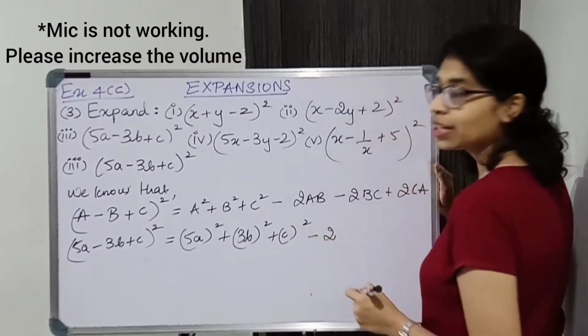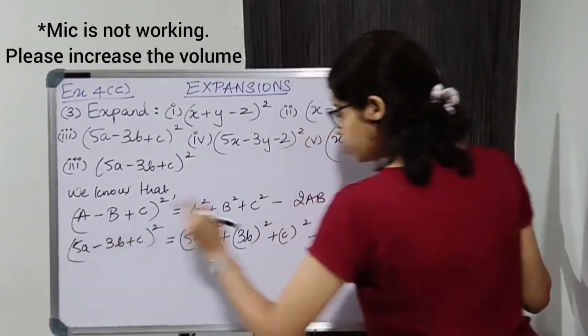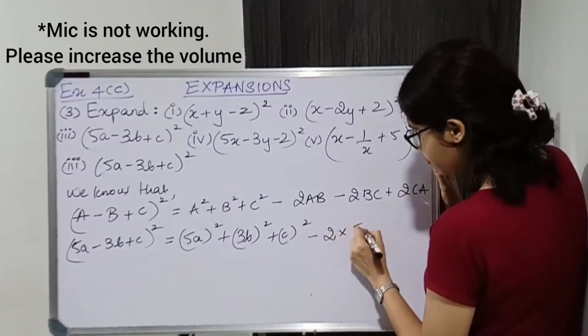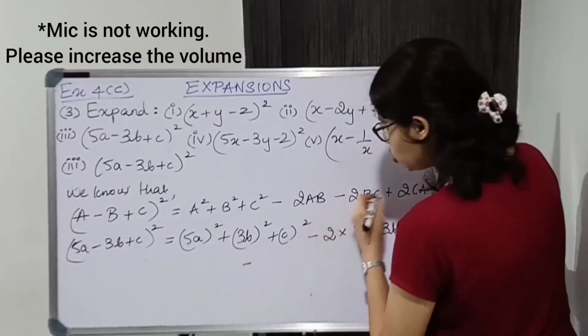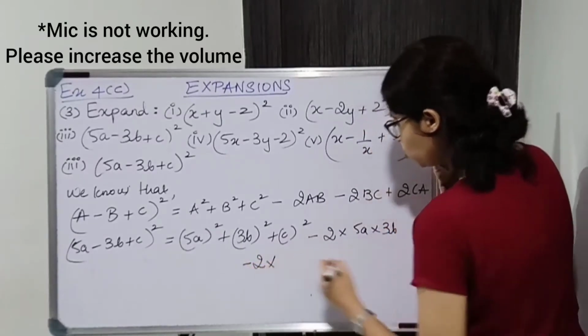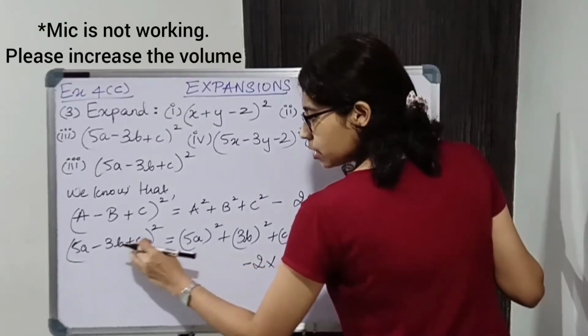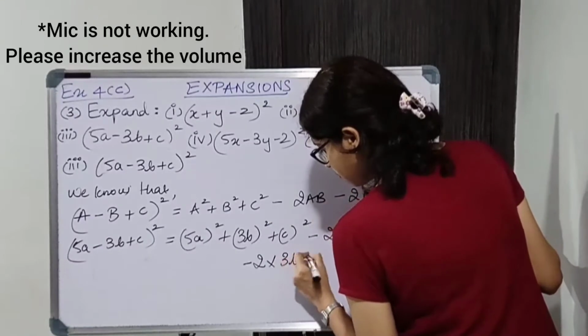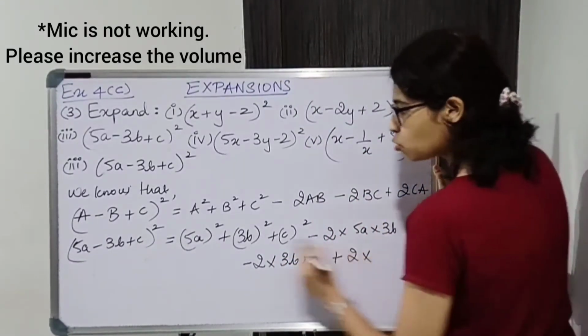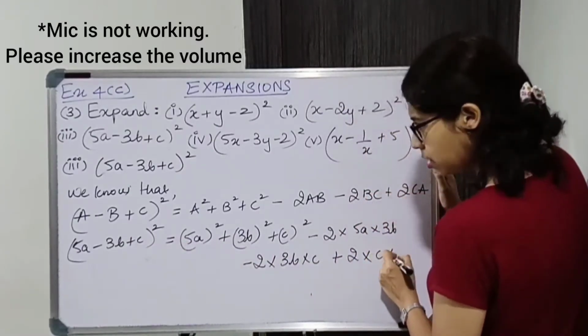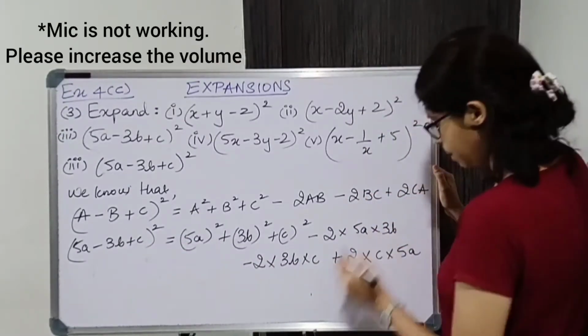Minus 2AB, that is 5a into 3b. Minus 2BC, that is 2 into 3b into c. Plus 2CA, that is 2 into c into 5a. Okay?